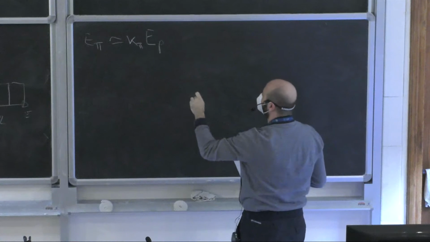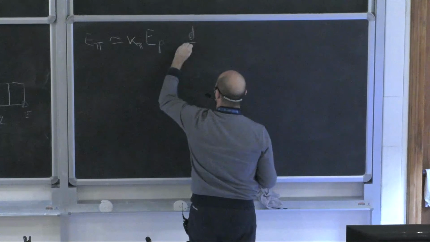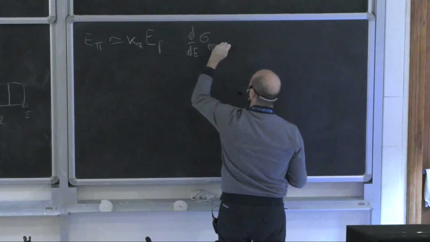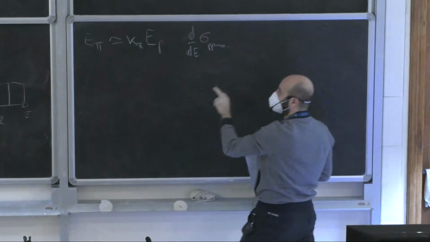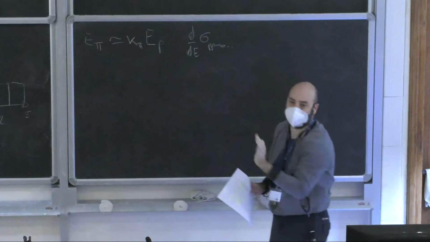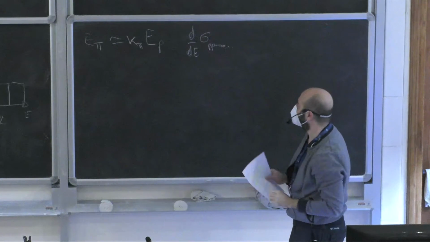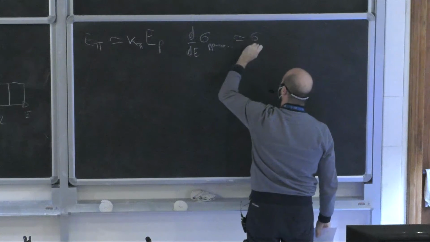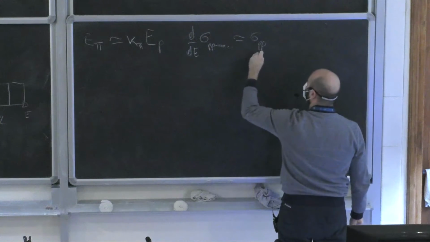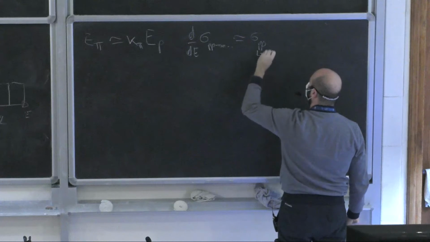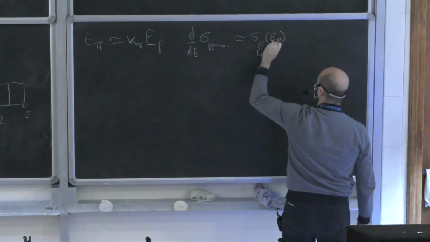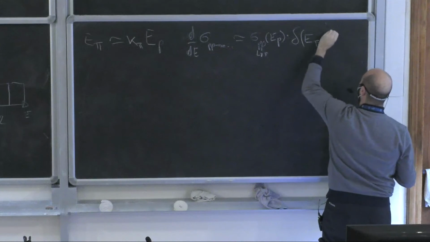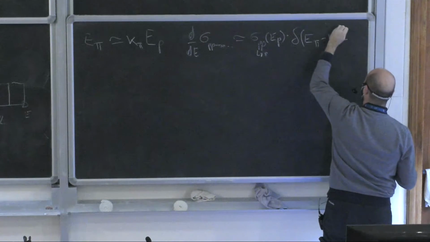In general, that's not true, so you would need the differential cross-section of a proton in the pp into pi production, of producing a pion of energy E pi given a proton of energy E p. Okay, that's what you need in a complete case. If I do this approximation, I can write this differential cross-section like the total cross-section sigma pp into pion production, a function of the energy of my proton, times a delta of the energy of the pion being fraction k p of the energy of the proton.